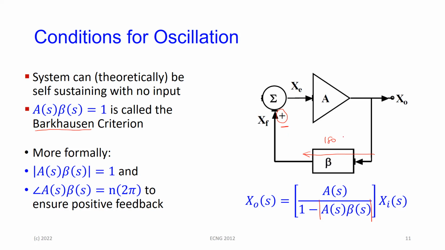If you go the full 360 or 2 pi, then it goes back positive. So you always have to ensure that whatever you're taking back to feedback here must not have a phase change, or if it does, it must always be a multiple of 2 pi n, where n could be from 0, in order to ensure positive feedback.